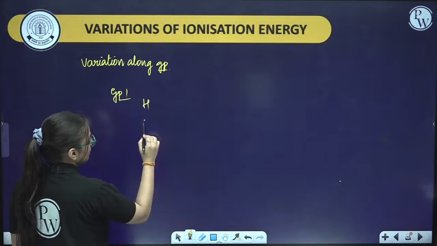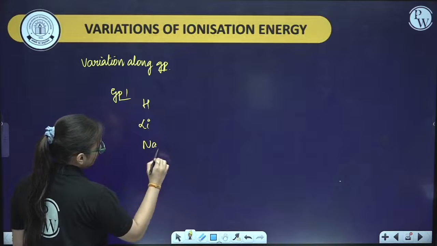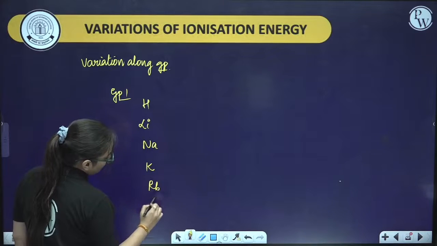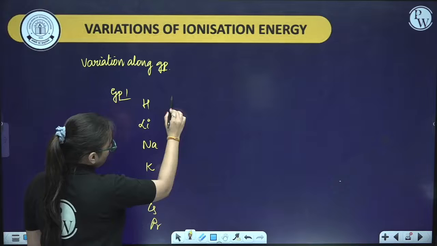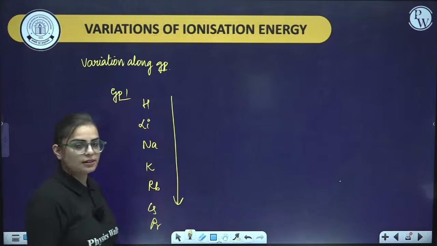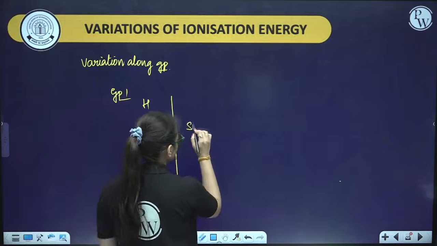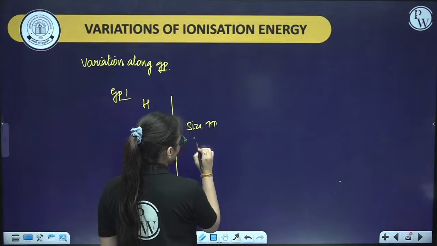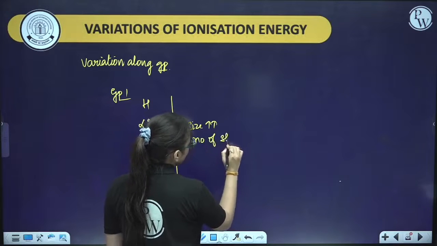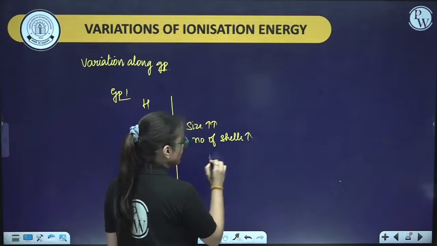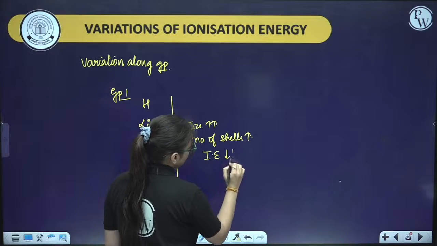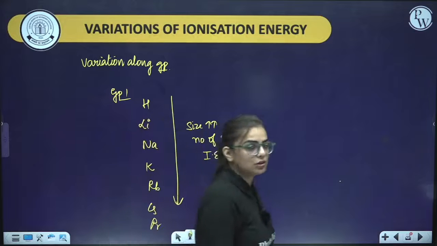Hydrogen, then I have lithium, sodium, potassium, rubidium, cesium and francium. In group 1 and 2, that is alkali metals and alkaline earth metals, from top to bottom, size increases. Why? Because the number of shells increases. If size is increasing, ionization enthalpy will decrease. This is so for group 1 and group 2.